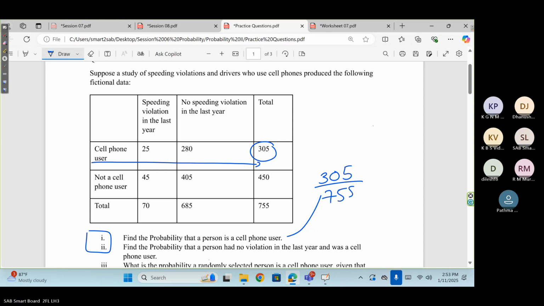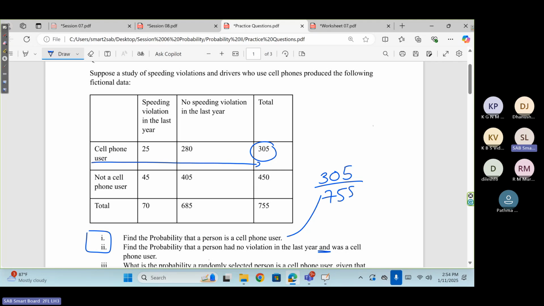Okay, then the second one: find the probability that a person had no violation in the last year and was a cell phone user. We discuss two scenarios, two events, and there is the word and.